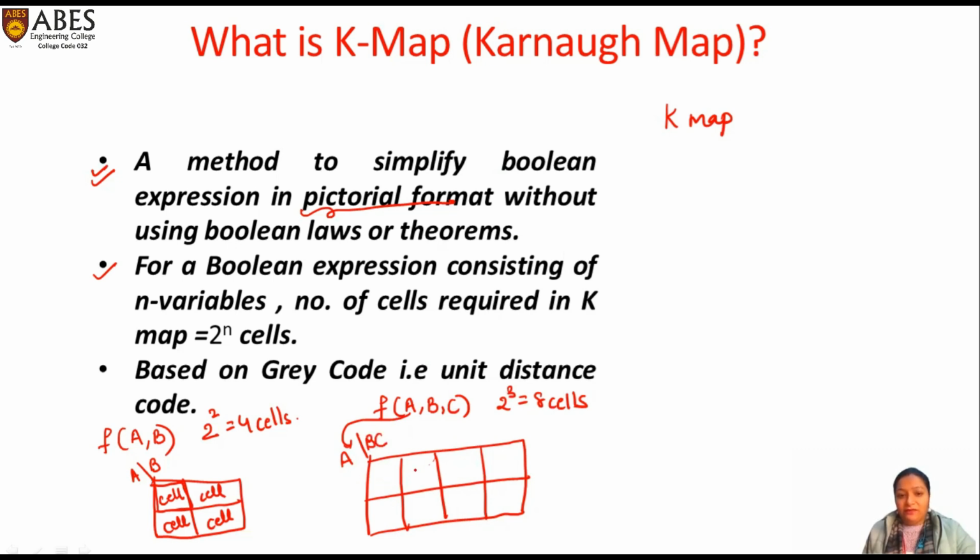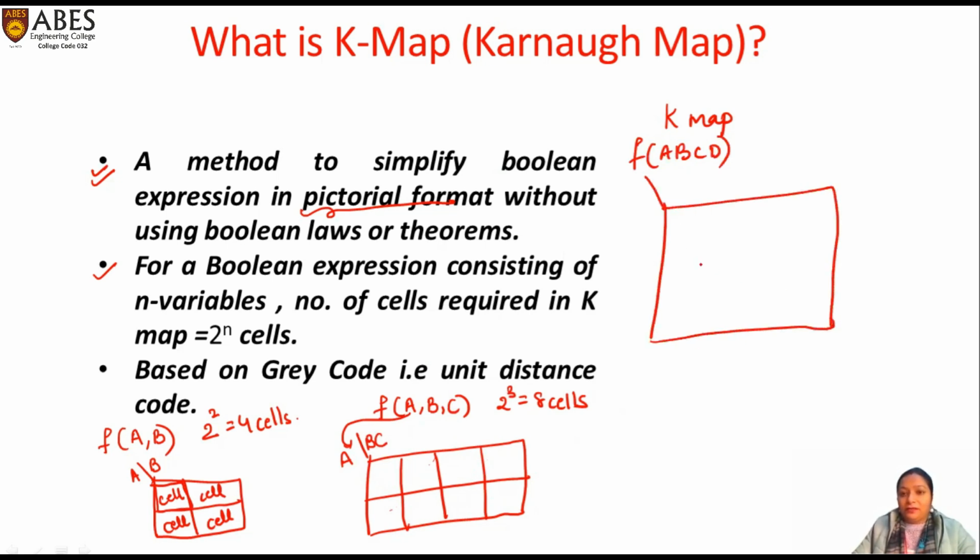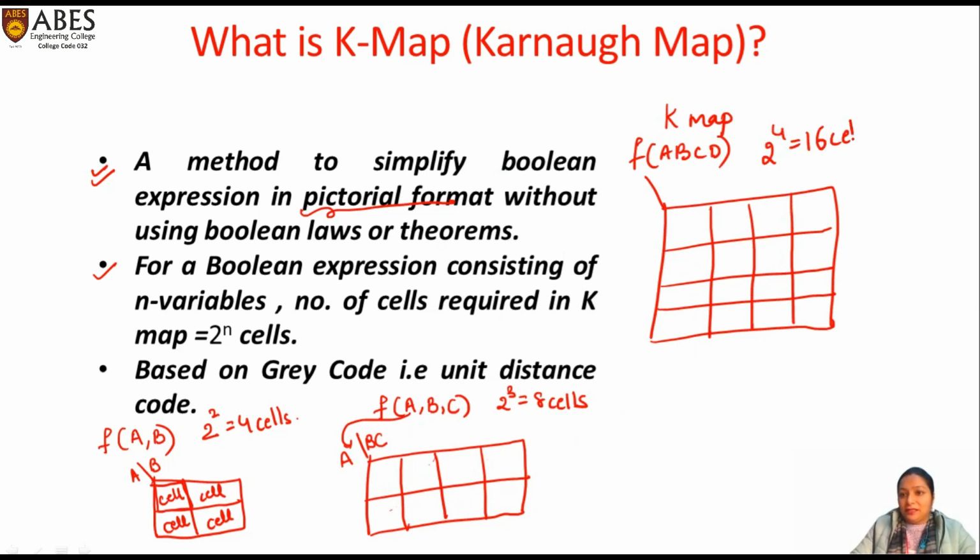You can see we have a total of 8 cells. Similarly, if we have a 4 variable K-map, this will be its pictorial representation, comprising 16 cells. And we can write here A, B and C, D.